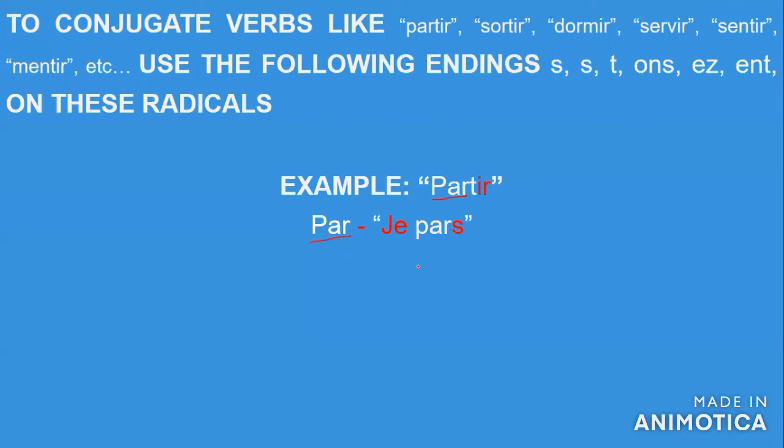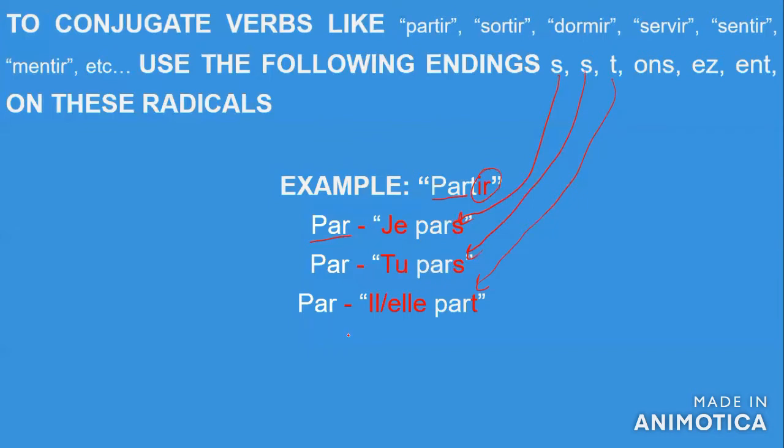For the second one, you say tu pars with S. Remember, these terminations are the ones you're using, replacing IR. Third one again, you do the same thing, and you use par without T on it for the first three.